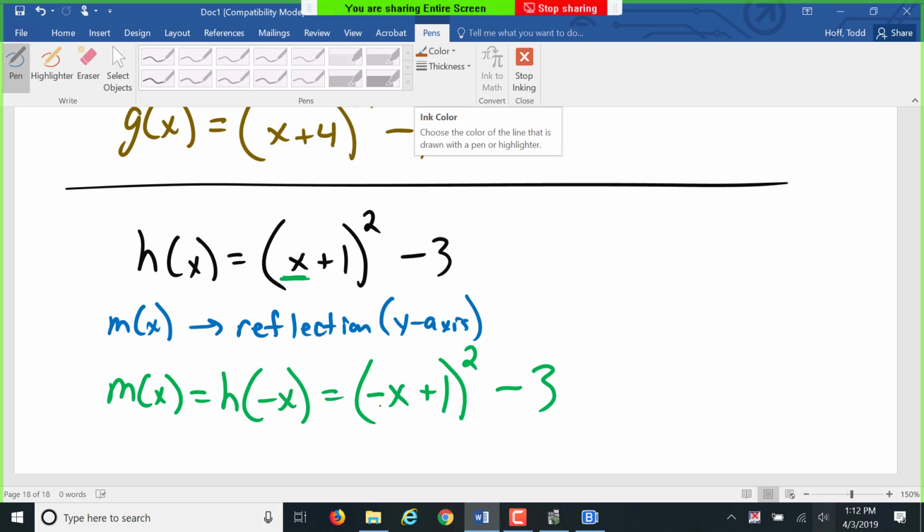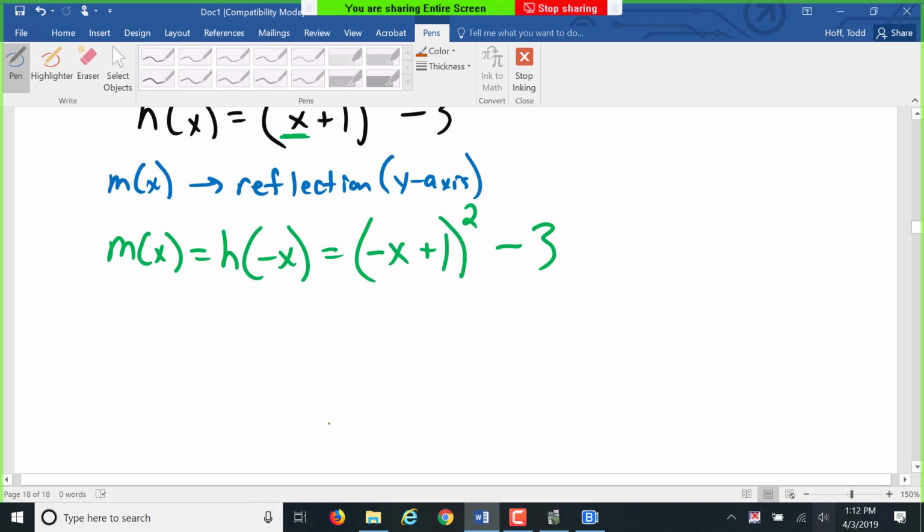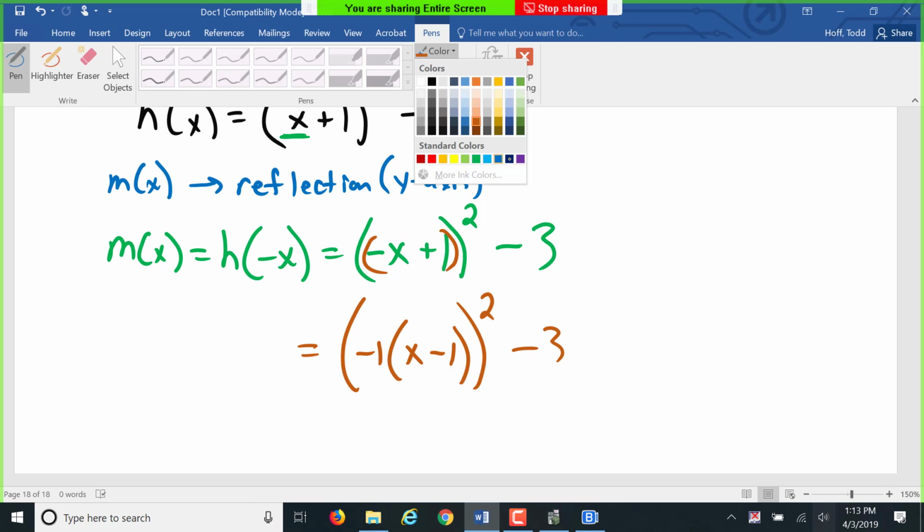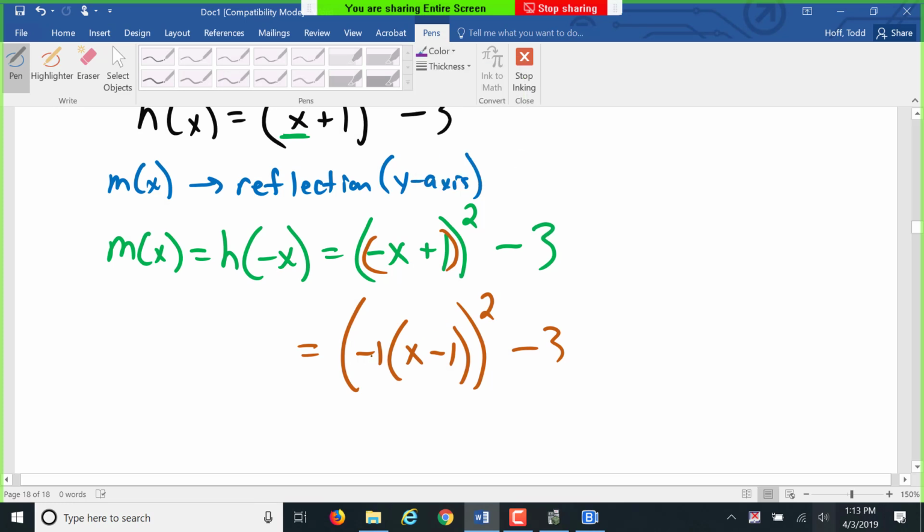Well, we're going to do the same thing to simplify this. We have to take this here and factor out a negative 1. So negative x plus 1, if I factor out a negative 1, what am I left with? Positive x minus 1. Good. And of course, in the process of squaring that, the minus 1 becomes positive 1.